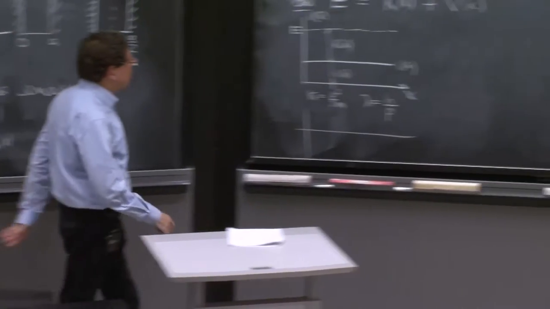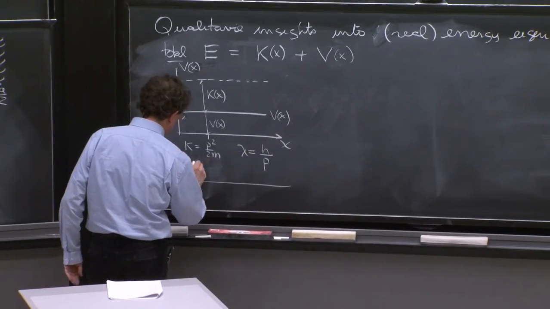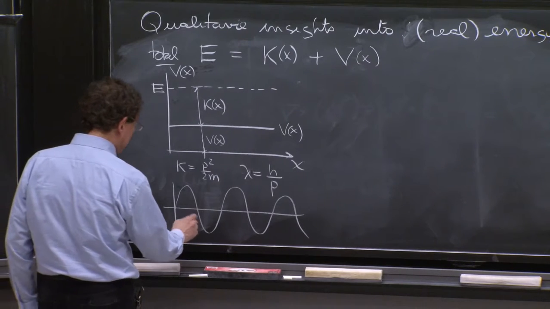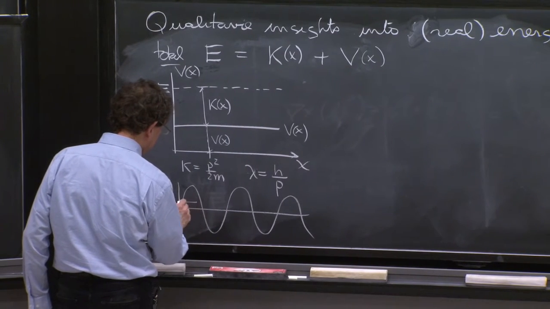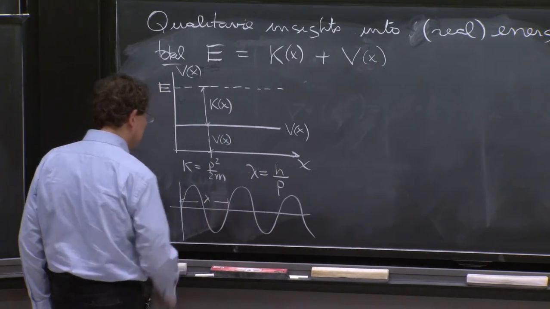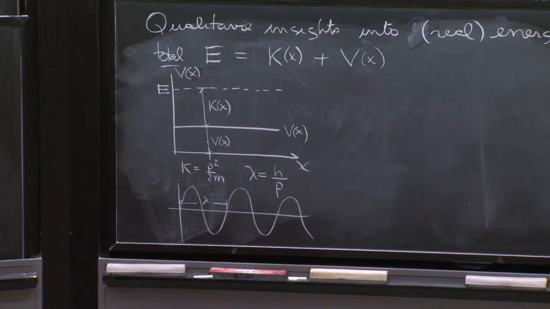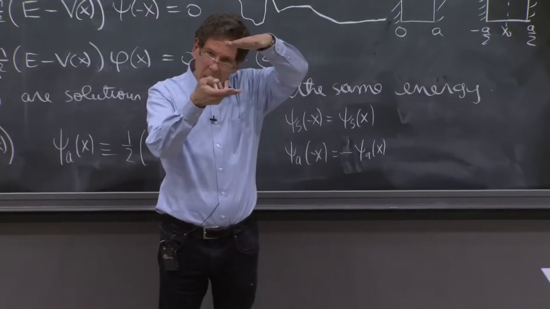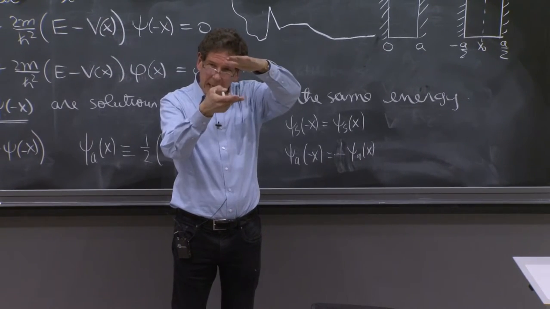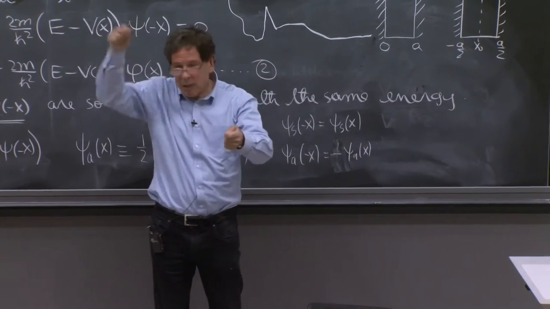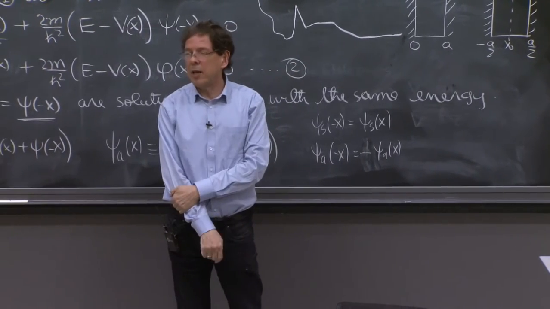And we want to plot eigenstates of energy, so you will have something like that with that lambda. And that's sort of the intuition. You go from the diagram to a kinetic energy, from a kinetic energy to a momentum, from a momentum to a wavelength, and that's the wavelength of your energy eigenstate.